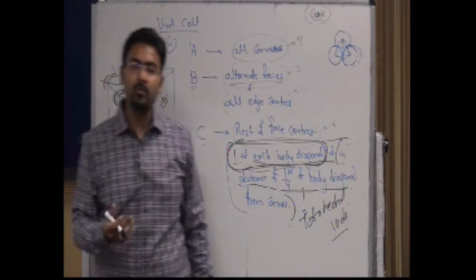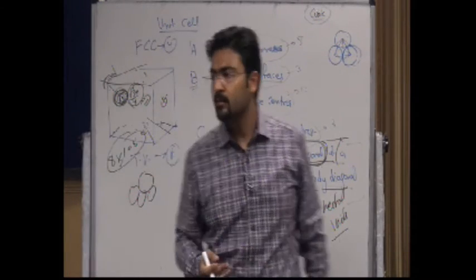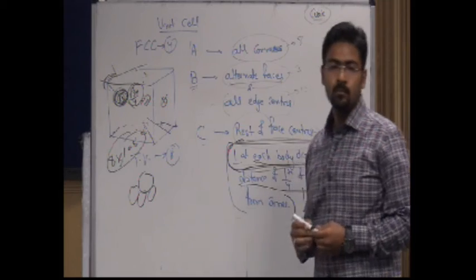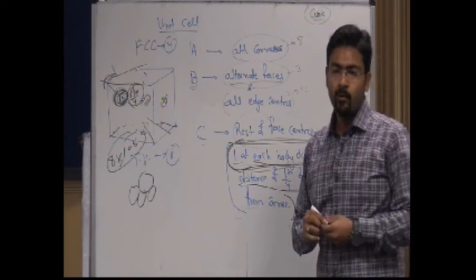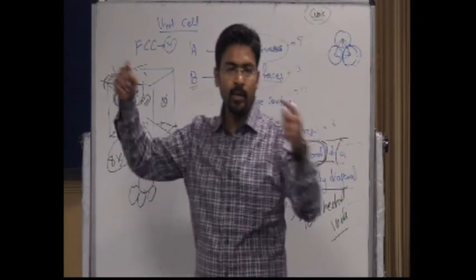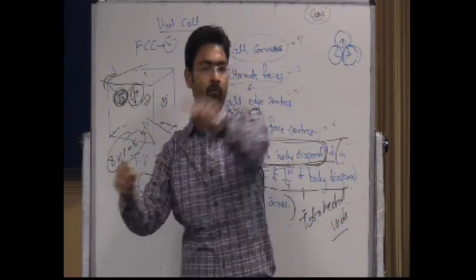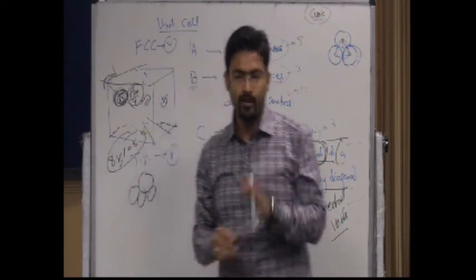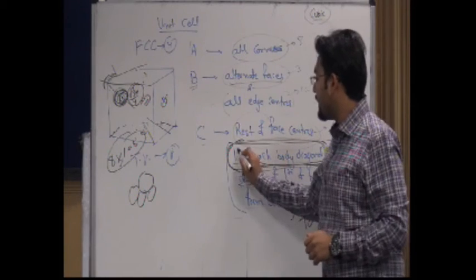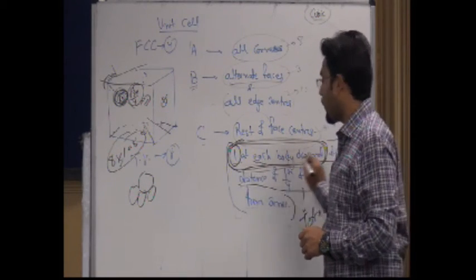How many body diagonals do we have in a lattice? 4. You take the two corners which are joining. So one would be like this, one would be like this. From the other end, one would be this, and one would be this. So there will be 4 body diagonals. So there is only 1 at each body diagonal.